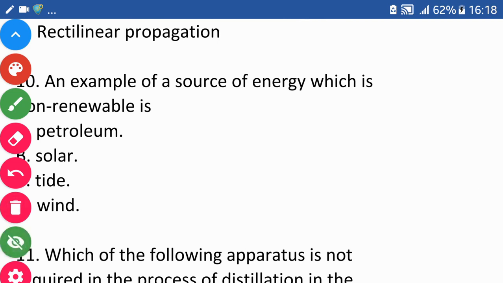An example of a source of energy which is non-renewable is petroleum. With renewable sources the energy is easily gotten, but with non-renewable ones it takes some time. To get petroleum, it has to go through a long process. Solar, tide, and wind are just easily gotten. So the answer is A.